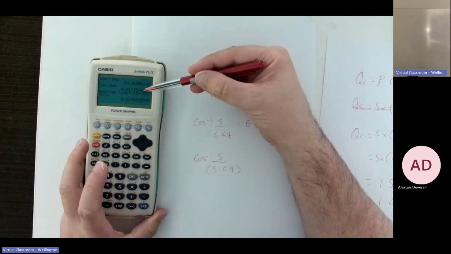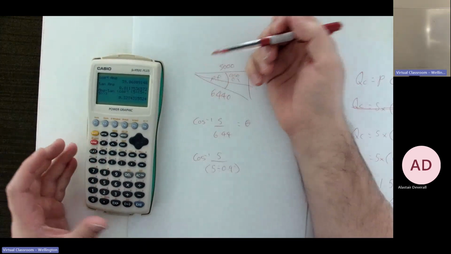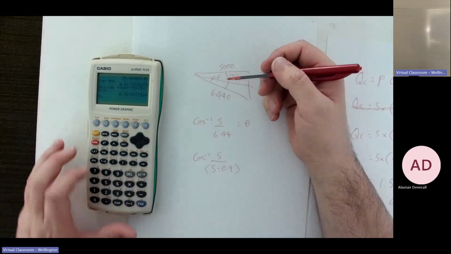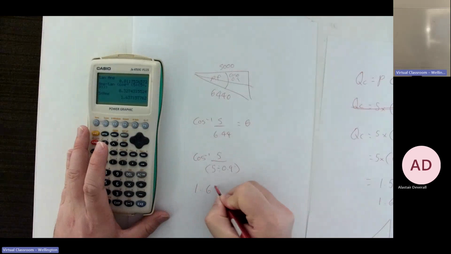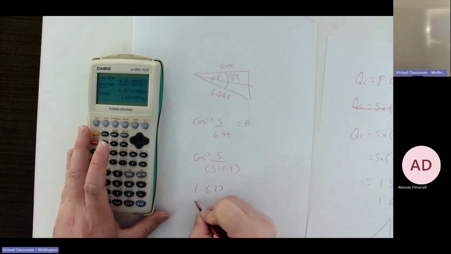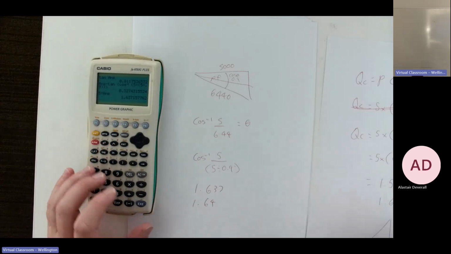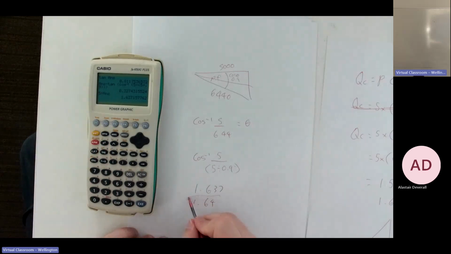And that gives us 0.327. And then we do 5 times shift answer, and we get 1.637, which rounds up to 1.64, which I mustn't have rounded up with my first one, but it ends up with a much closer and more accurate answer because I didn't round. Hopefully that is helpful for that question.